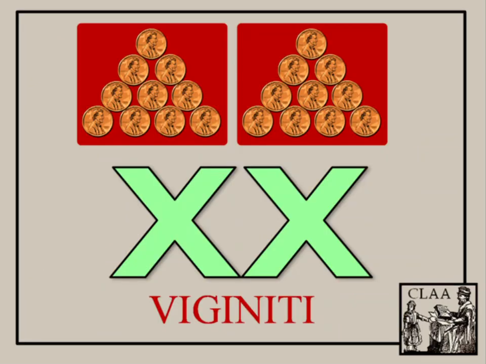The Latin name for the number 20 is viginti, and you can see that the number viginti contains two sets of 10. Therefore, the number viginti is written with two symbols for decem.